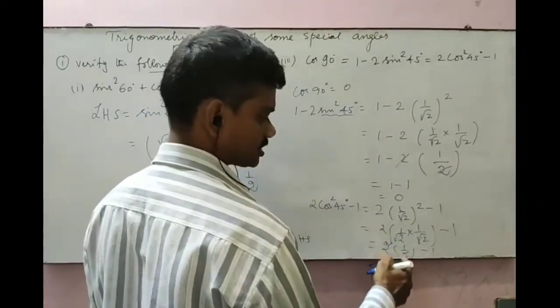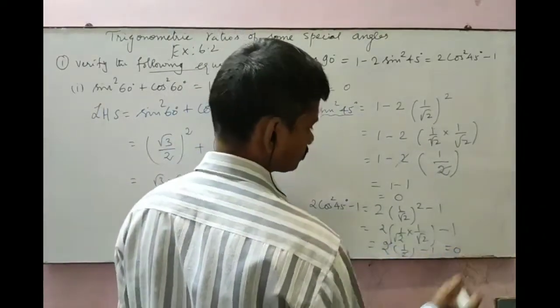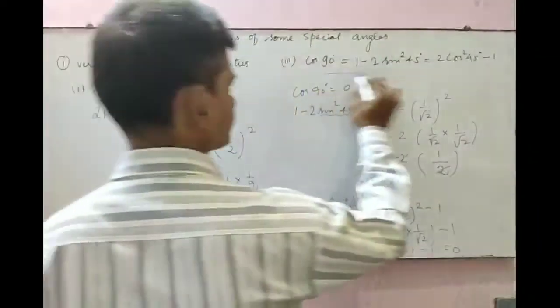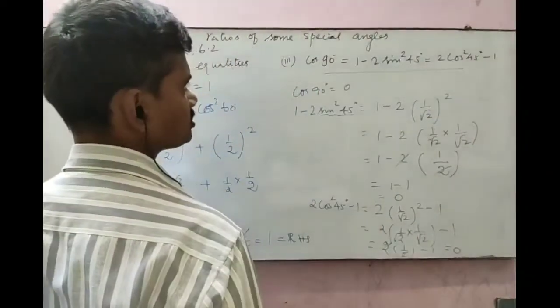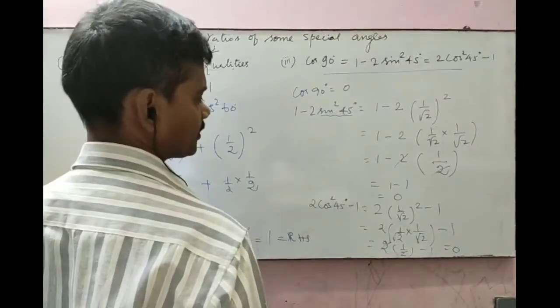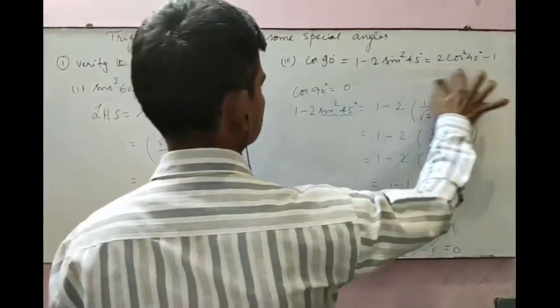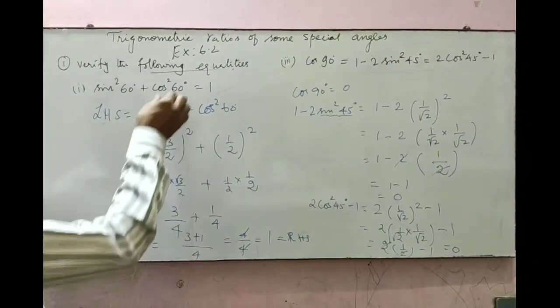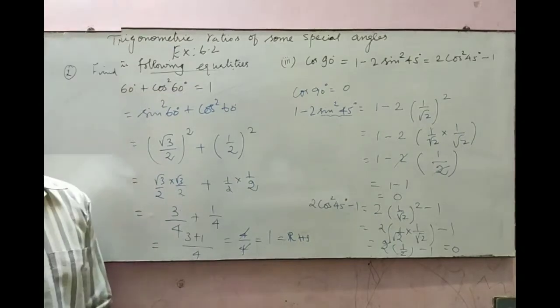So 2 gets cancelled. You will get 1 minus 1, which is 0. So all these values are 0. So we prove that this equality is verified. So in the last you have to write this equality is verified. So this is the way of verifying the given equalities using the trigonometric values.